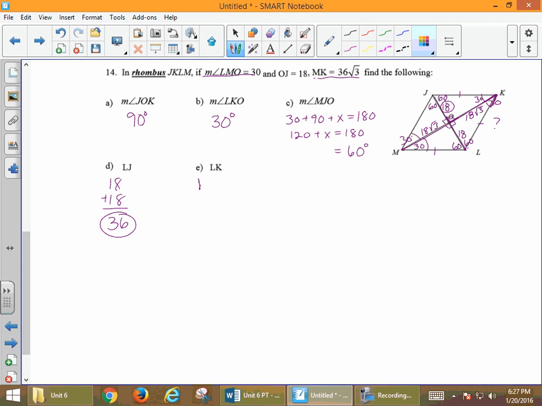So the hypotenuse of a 30, 60, 90 is equal to 2 times the short leg. Well, the hypotenuse then, LK, is equal to 2 times the short leg, which is 18, or 36 units. So it is also 36 units.